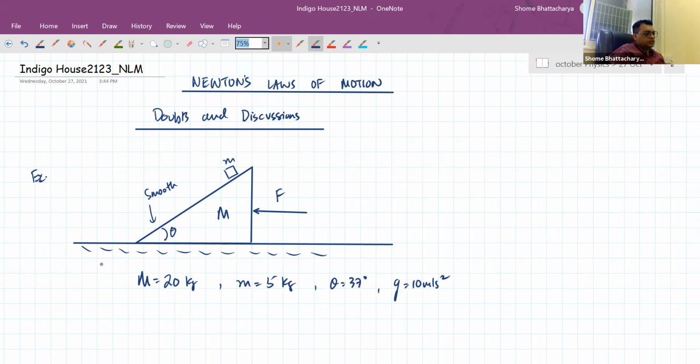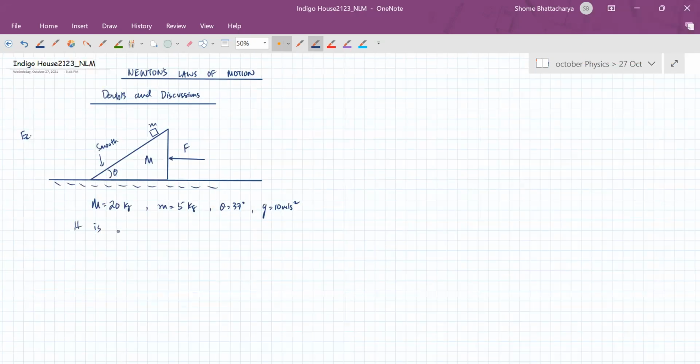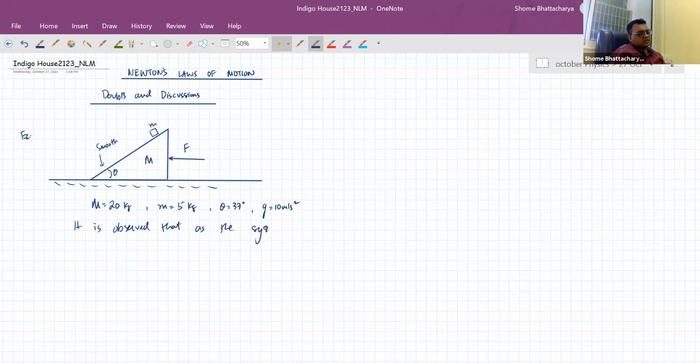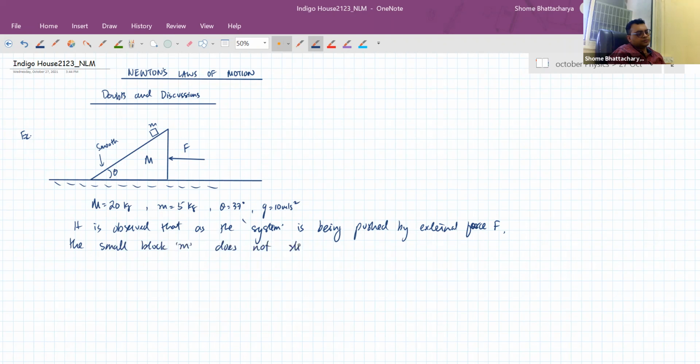So now what the question is saying is that it is observed that as the system is being pushed by external force F, the small block does not slip with respect to the inclined surface of the wedge.